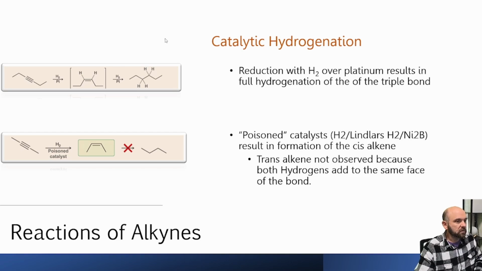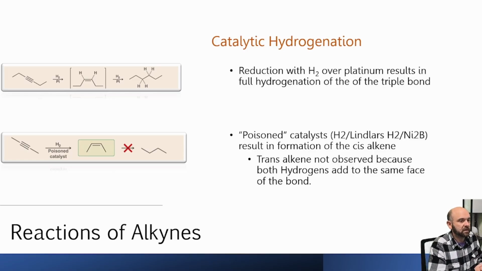When we use catalytic hydrogenation, which adds hydrogen gas, we bubble H2 through a solution containing our molecule and some platinum as a catalyst. Usually the platinum is embedded on something non-reactive like carbon.